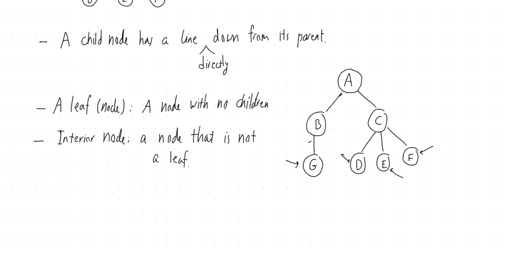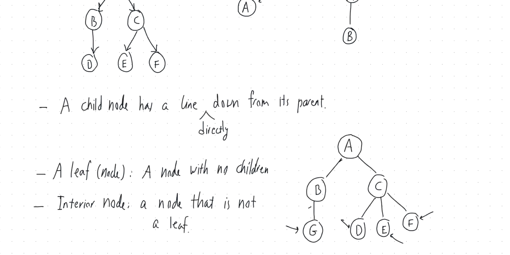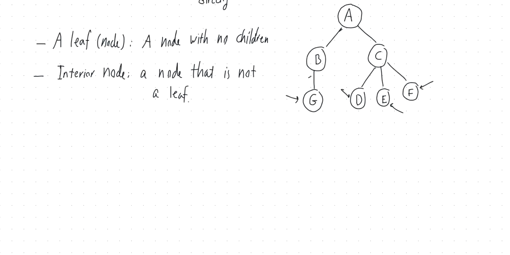So a lot of definitions, and we are going to use these later on when we work with trees as data structures. Now, before making a couple of more definitions, I want to make a couple of very simple but important observations.